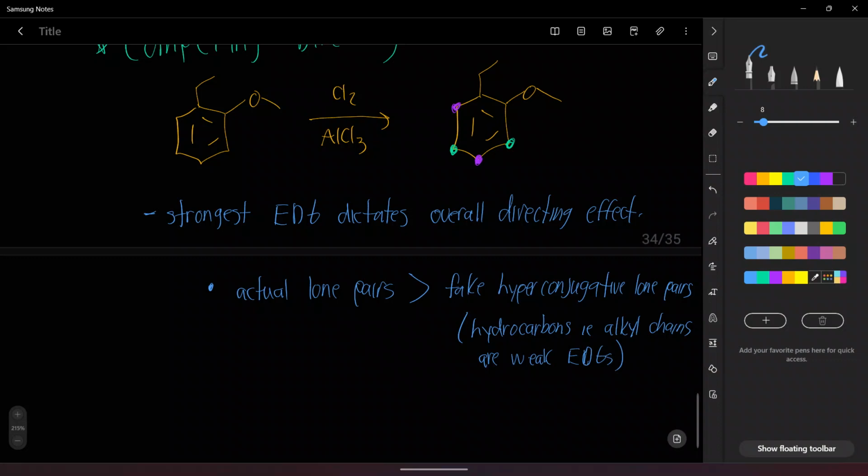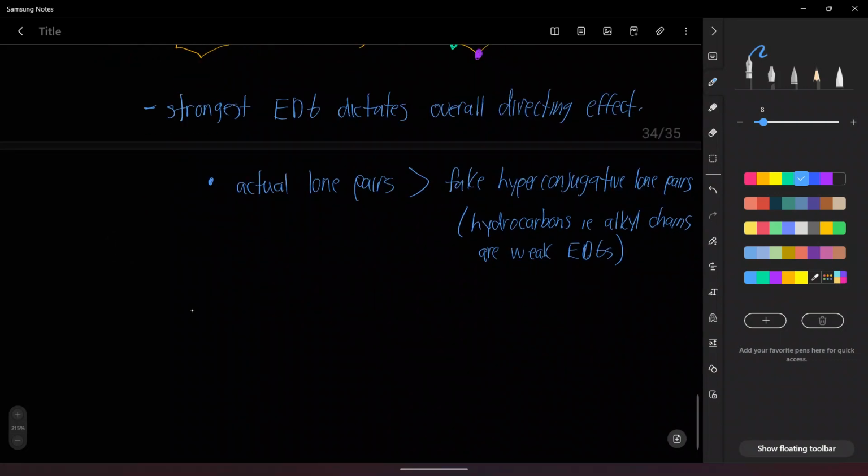Okay, so actual lone pairs, okay? And less electronegative is better than more electronegative, okay? Obviously, if I want to donate electron density into the ring, if I have a very electronegative element, the definition of electronegativity is that I don't want to share electrons. So, for example, if I had like an ether and an amide, right?